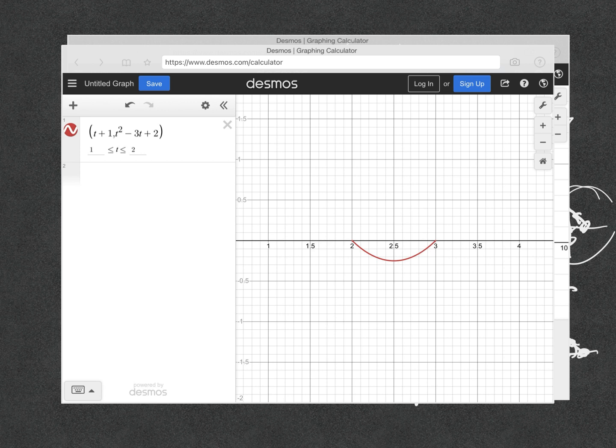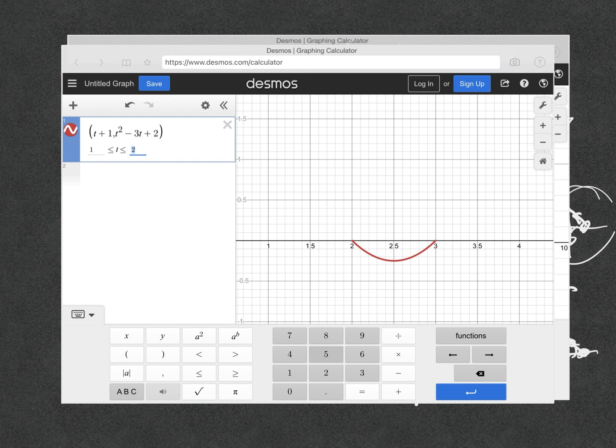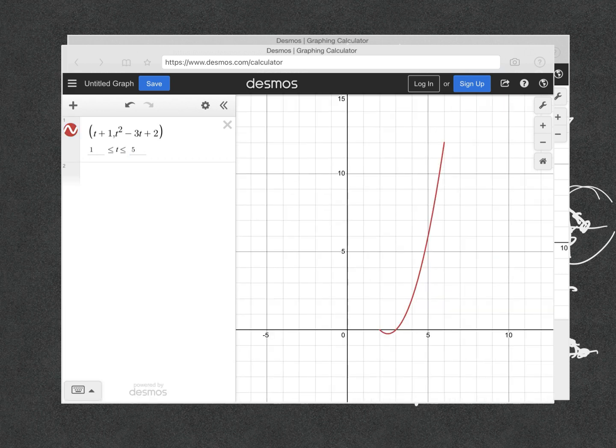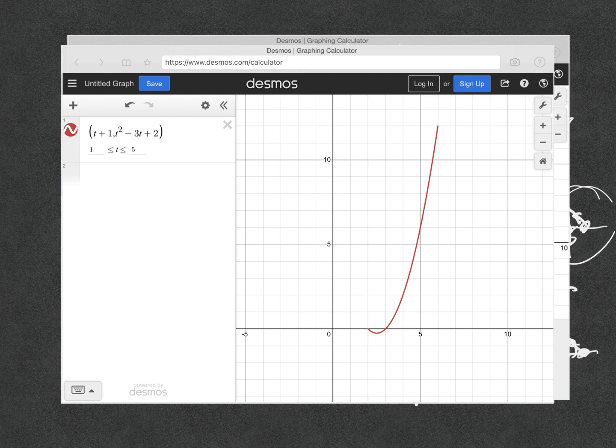And so this graph is going to go from 2 out to 3. Now, if we expanded this, if we went bigger, say to 5, then we're going to see the rest of the graph, right? And we're only going to graph that part of the parabola, and the motion goes from the intercept up to the end. And that would be the motion.